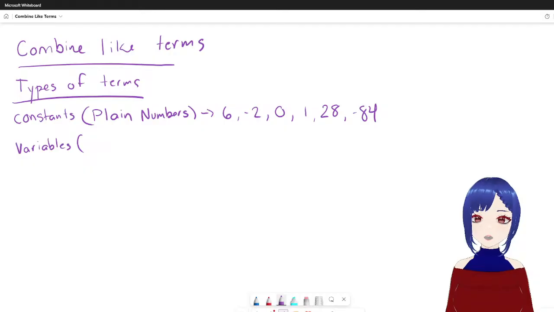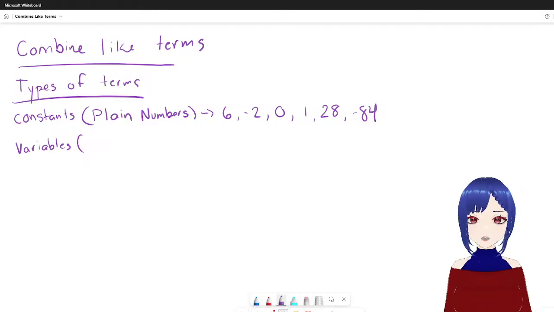You can put in a placeholder, like a variable, so that you can write down your question, because if you don't know what number is supposed to go there, you need something there.